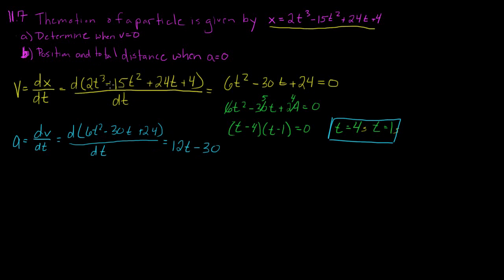And again, we want to figure out when this is equal to 0. So when we solve for t, we get t is equal to 30 over 12, that's 2.5 seconds. So at 2.5 seconds, our acceleration is equal to 0.